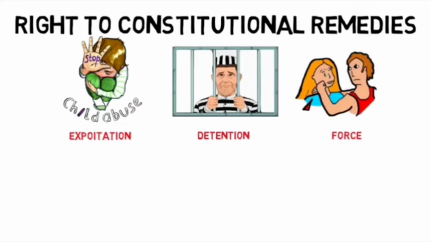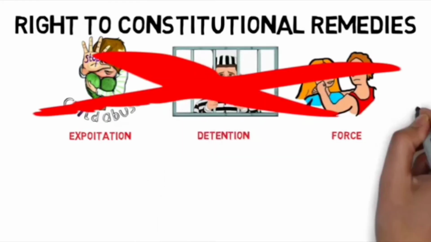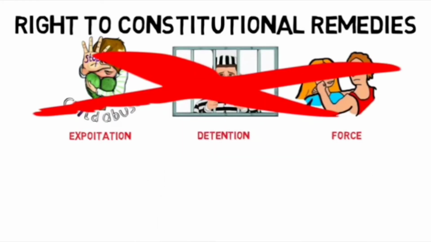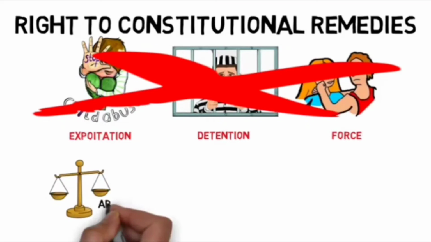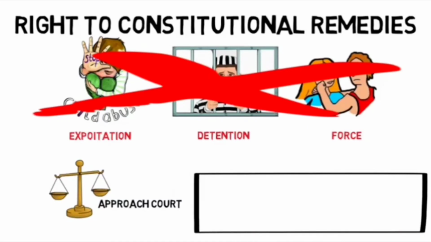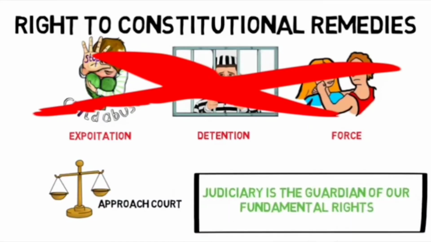A right to constitutional remedies is the measure or a solution to such problems. Under this right, Indians are allowed to approach or appeal in a court of law. In case any fundamental right is denied, the judiciary acts as the guardian of our fundamental rights.